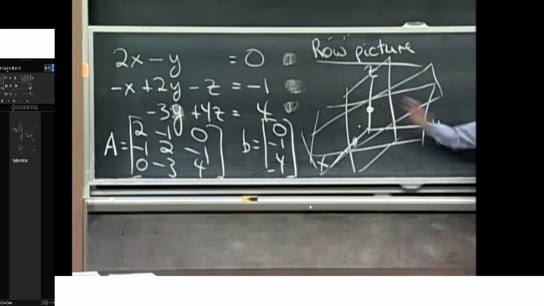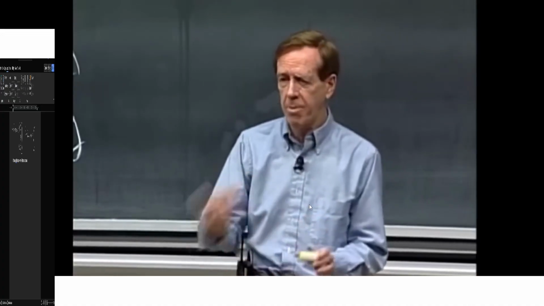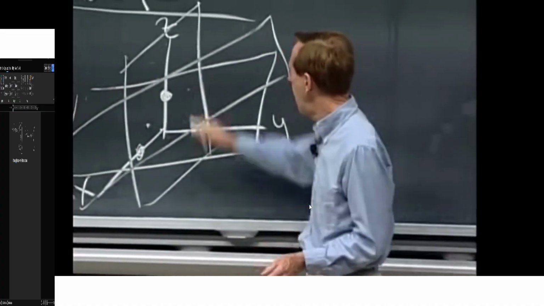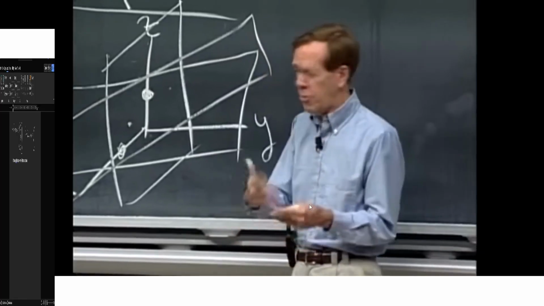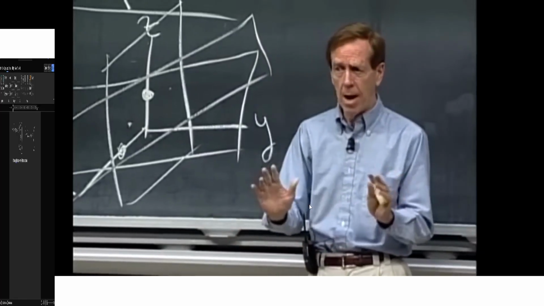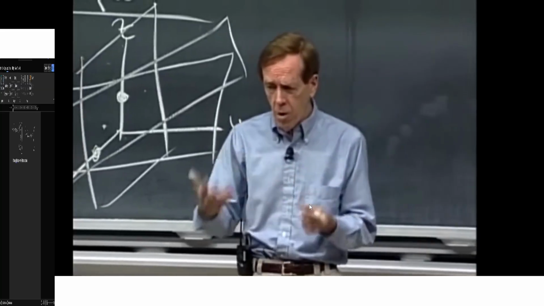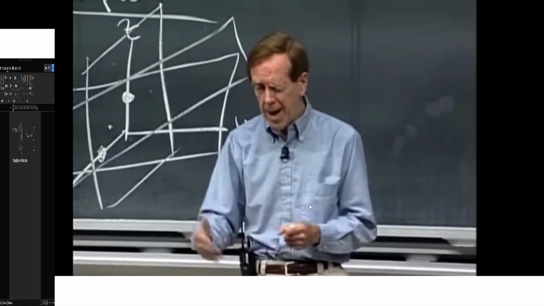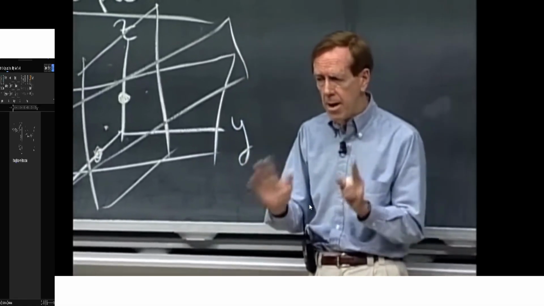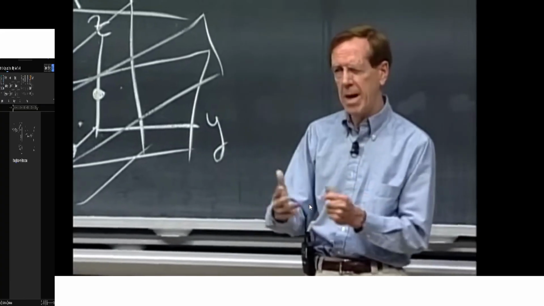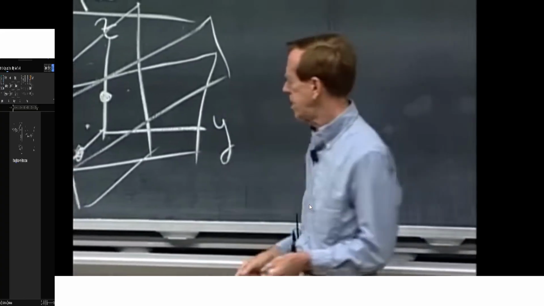So, can I quit on the row picture? I'll quit on the row picture before I've successfully found the point where the three planes meet. All I really want to see is that the row picture consists of 3 planes, and if everything works right, 3 planes meet in one point, and that's a solution.